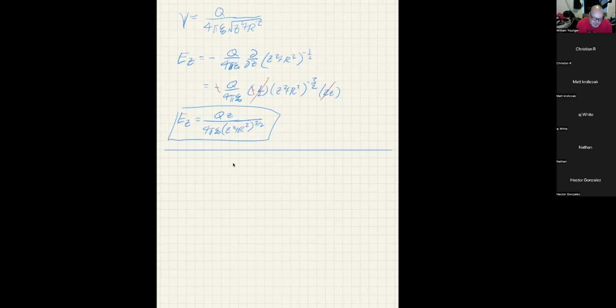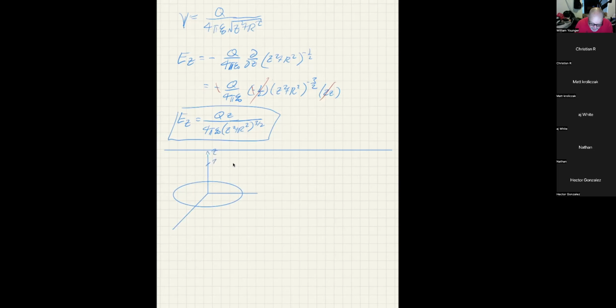So now I'm going to say that I have a disk of charge, and it's oriented in a coordinate system like such. And this is the z-axis.